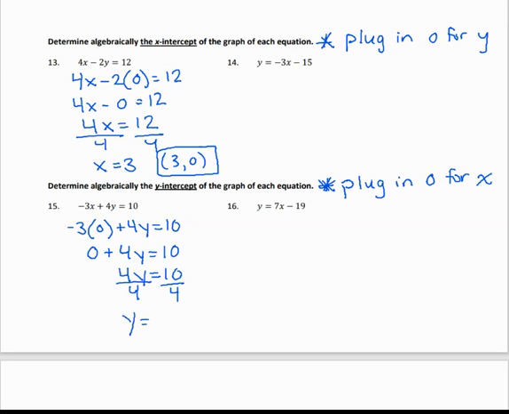No, but we can reduce that, right? 10 over 4 are both divisible by 2, so if I divided both of those by 2, we get 5 over 2. Right? 10 divided by 2 is 5, and 4 divided by 2 is 2. Again, write that as an ordered pair. At this time, the x comes first, which is 0, and then that y, which is 5 halves.